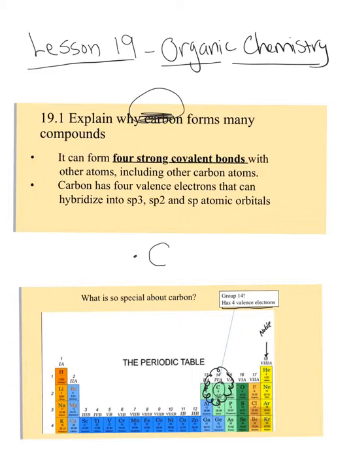Carbon, and it would have 1, 2, 3, 4 valence electrons. And this is really important because it can form 4 strong covalent bonds with other atoms, carbon or any other atom. So I can have a bond here, I can have a bond here, I can have a bond here, I can have a bond here. So the fact that it has 4 valence electrons means that it can form 4 strong covalent bonds.